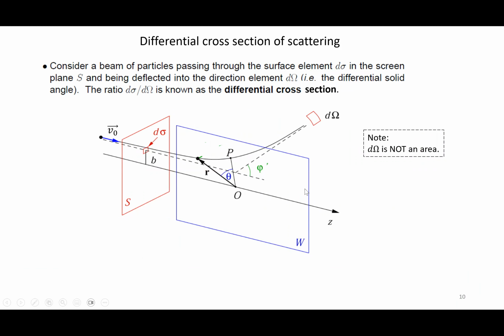So the next thing I need to talk about is a concept known as the differential cross-section of scattering. Consider the following experiment, just like the Rutherford scattering experiment I talked about initially.